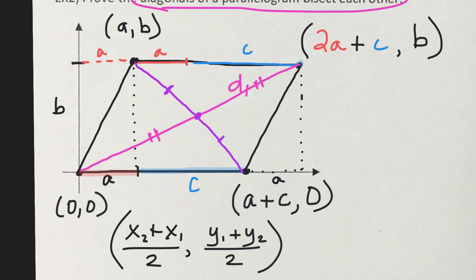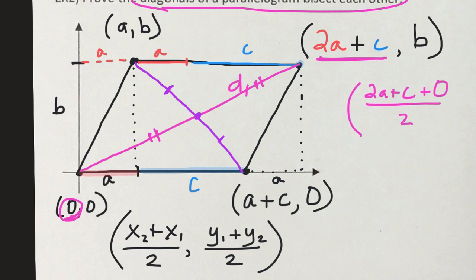So let's do the pink one first. We have x1 plus x2. Here's one x coordinate, and this is the other x coordinate. So we have 2a plus c plus 0 divided by 2.